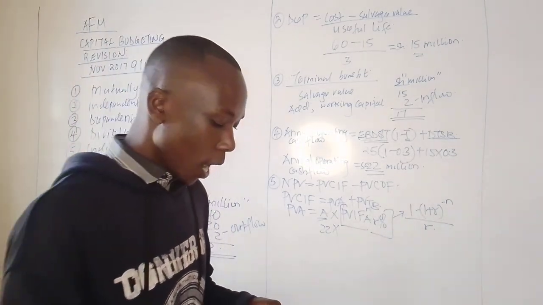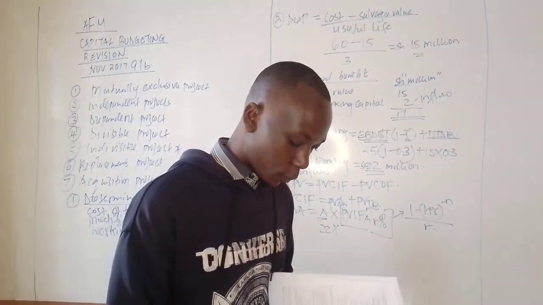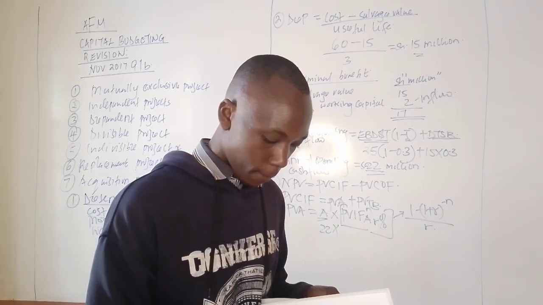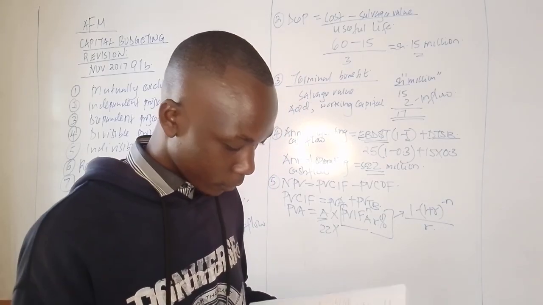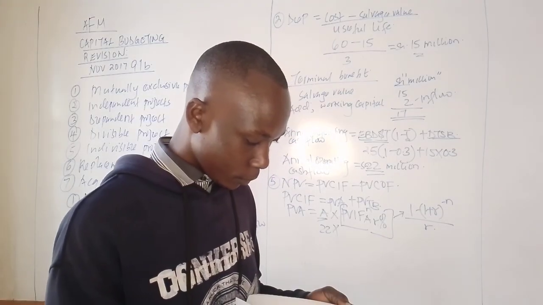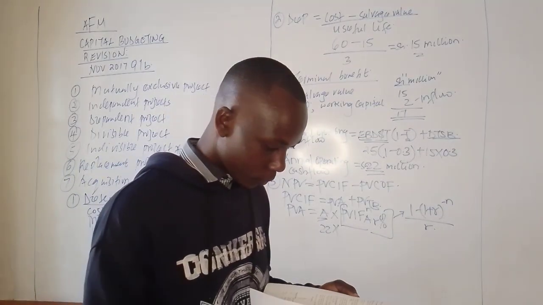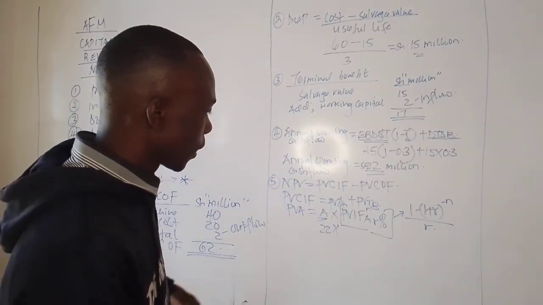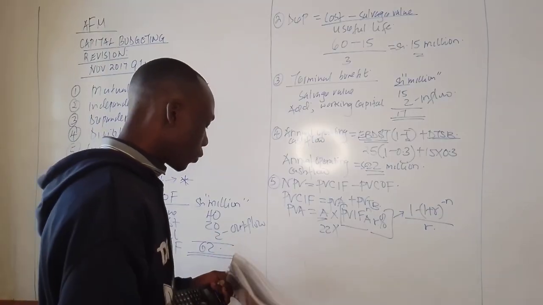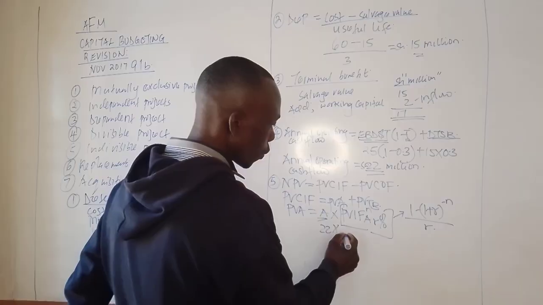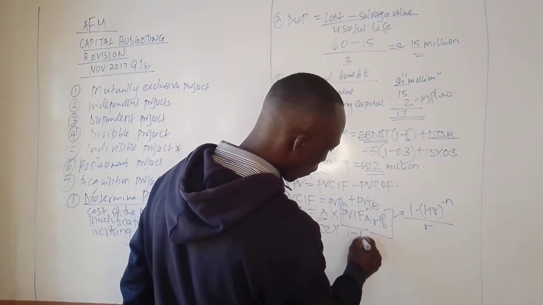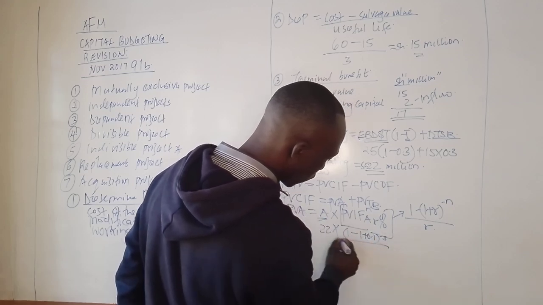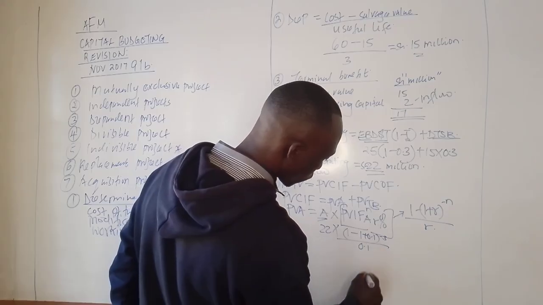The cost of capital given was 10%. So it will be 22, then 1 minus (1 plus 0.1), then you raise to negative 3, you divide by 0.1.